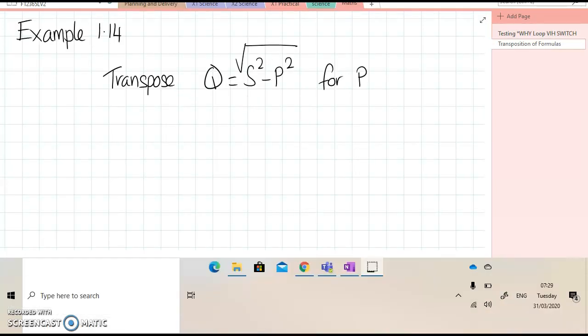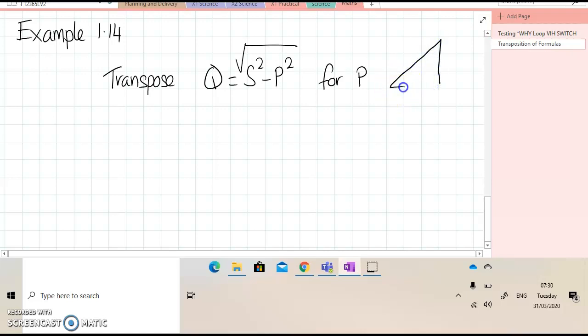So here's a transposition which a lot of electrical students will be faced with. Basically it's Pythagoras, and we're working out the opposite side of a right angle triangle. So we're going to transpose this for P. If this was an electrical power triangle, you would have S there, Q on the opposite side, and P on the adjacent side.